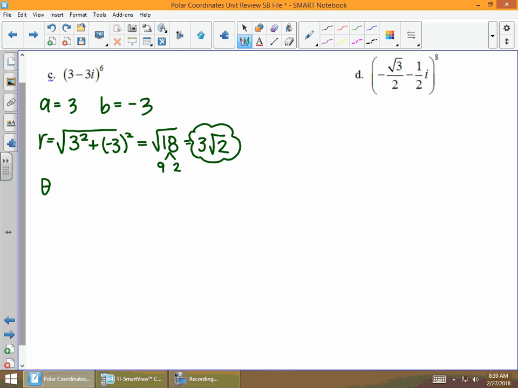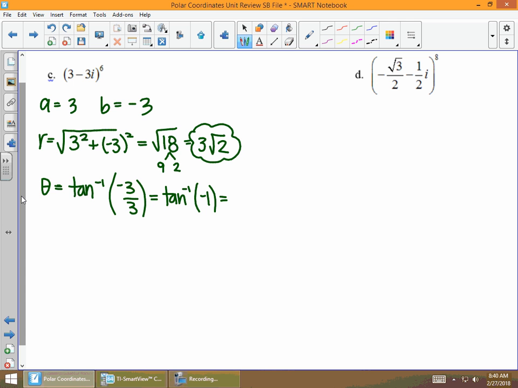Theta, our tangent of B over A. So here's where we have to deal with the fact that arctan really only gives us values either in the first quadrant or the fourth, but for our complex numbers, we're looking at whole unit circles.